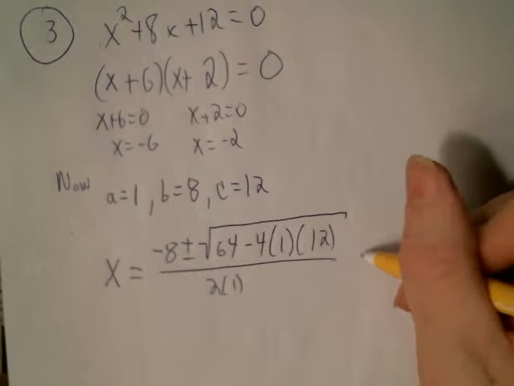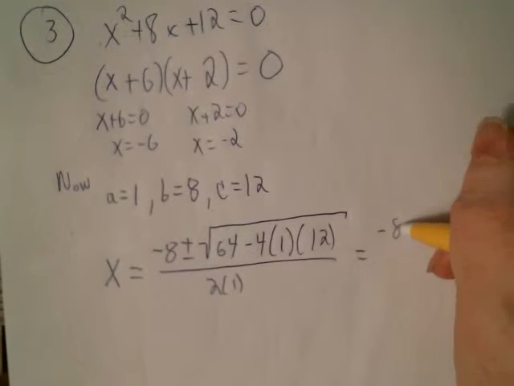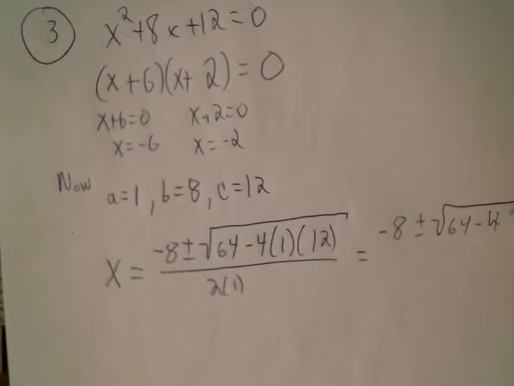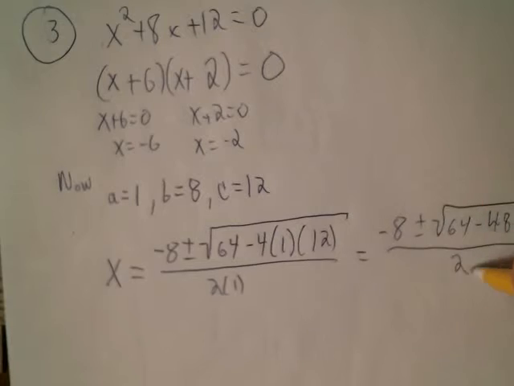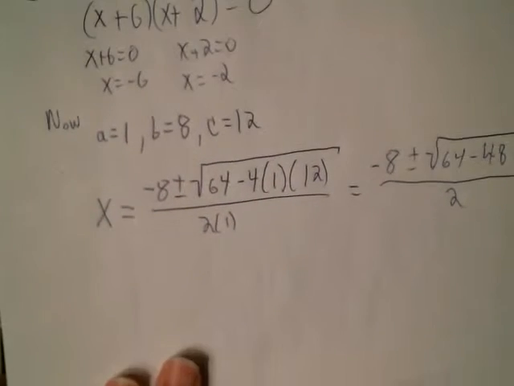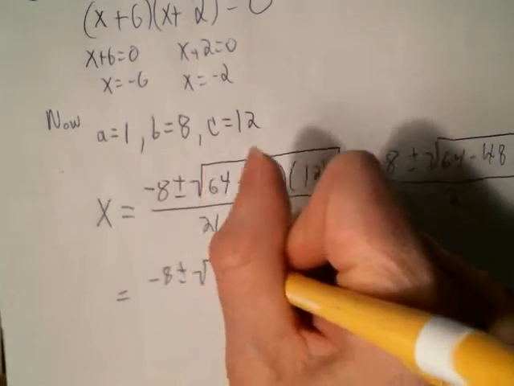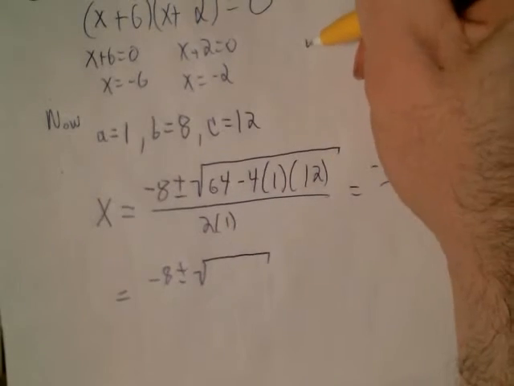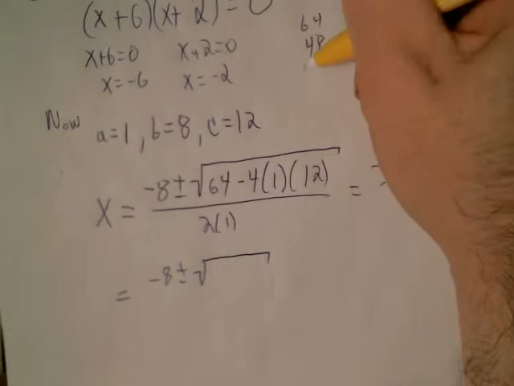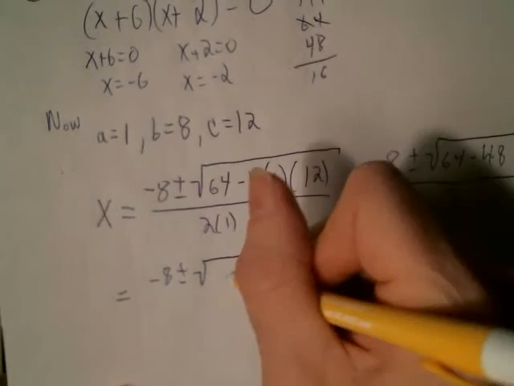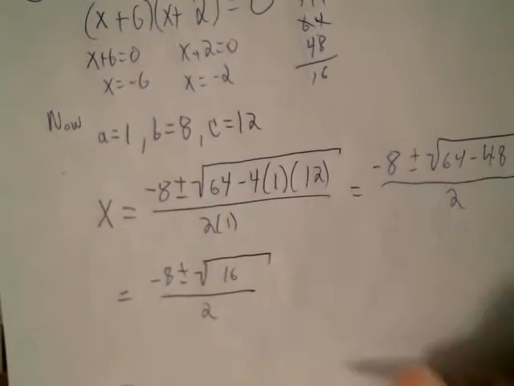Okay, from there on out, it's just a matter of simplifying. So negative 8 plus or minus square root of 64 minus 48, and that'll be all over 2. Right, so that'll be negative 8 plus or minus square root of 16, all over 2.